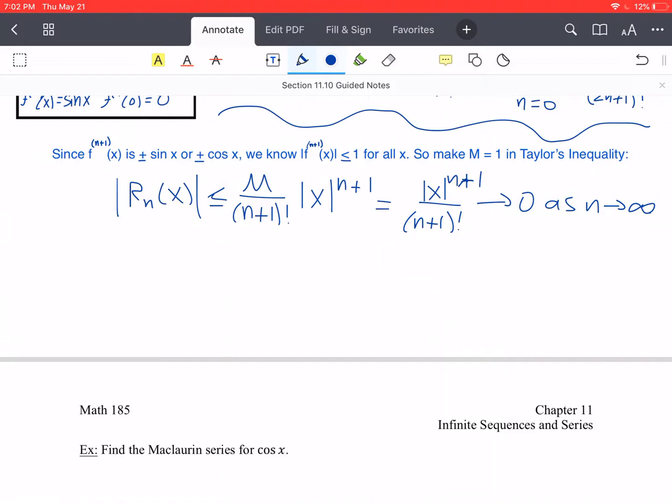All right, so we have that the absolute value of the remainder heads to 0. So the remainder itself must go to 0, or excuse me, the absolute value goes to 0 by the squeeze theorem, like we saw in the proof above.